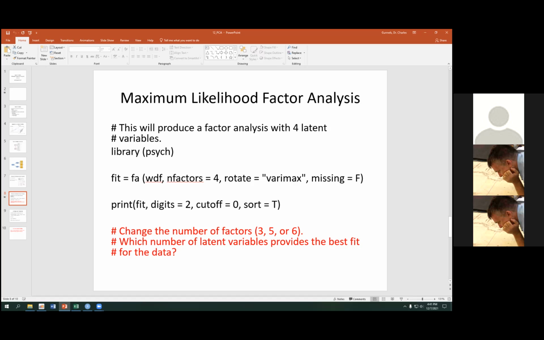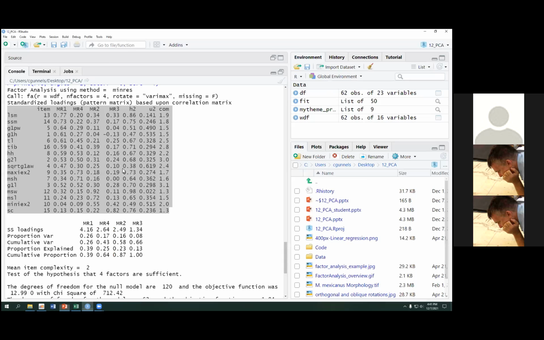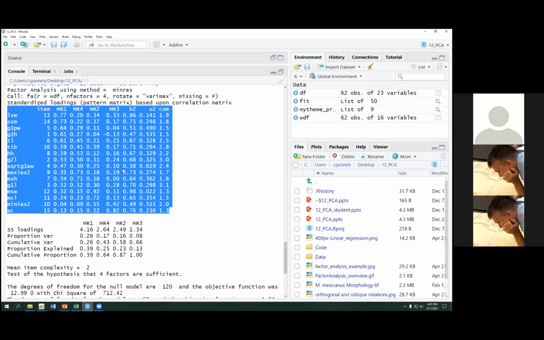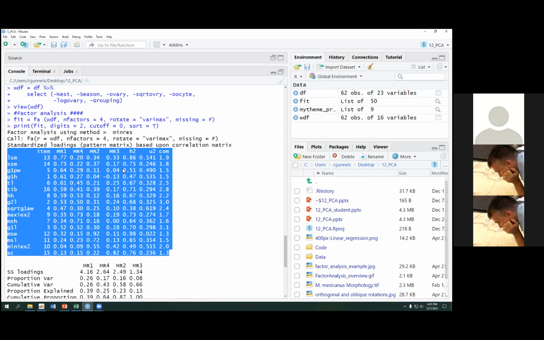Oh, did I put in log ovary? Is it 0.5 and larger or negative 0.5 and smaller?